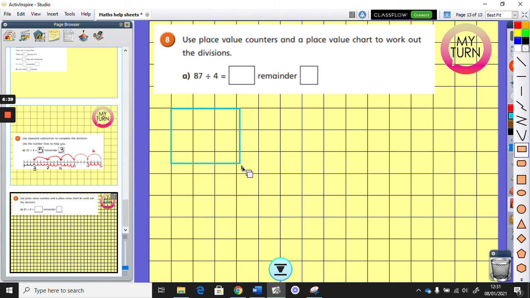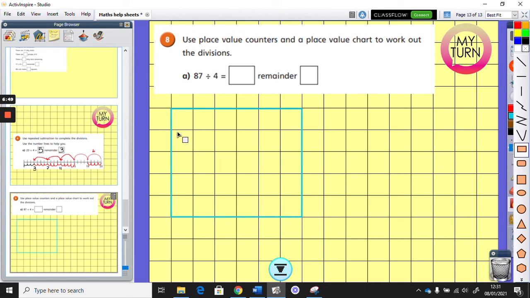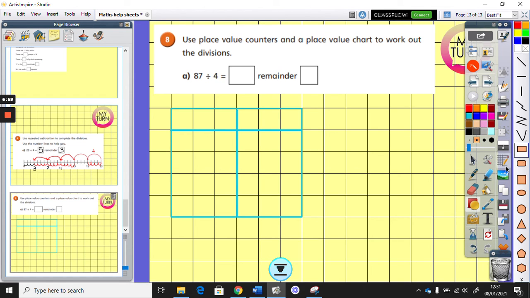So to do this, we need a big box, and it needs to be 4, doesn't it? I'm going to do 5 so that I can split it up. It's easier for me, isn't it? Because I have a special machine, that means my lines are really straight.